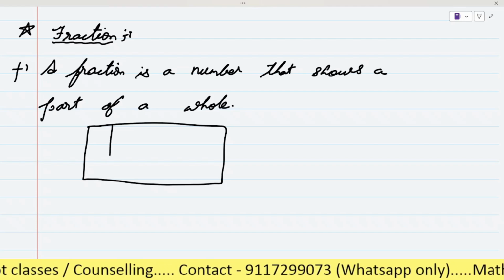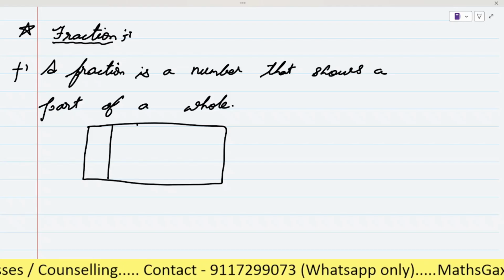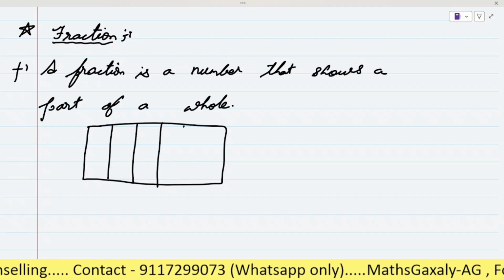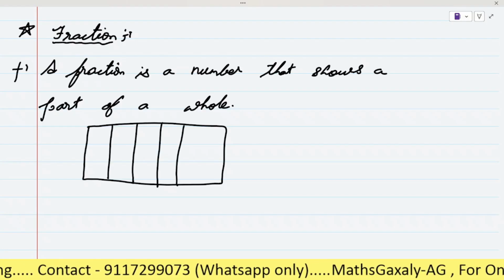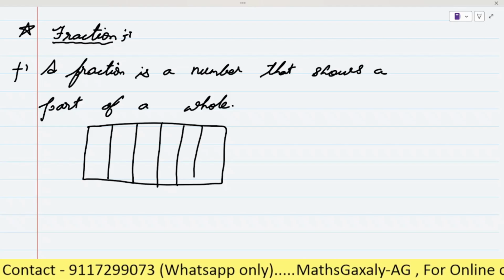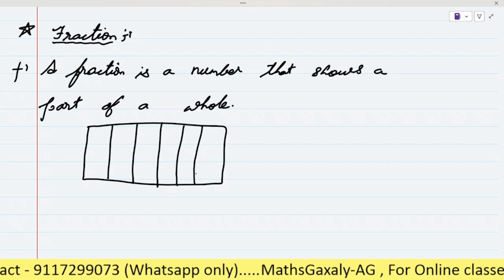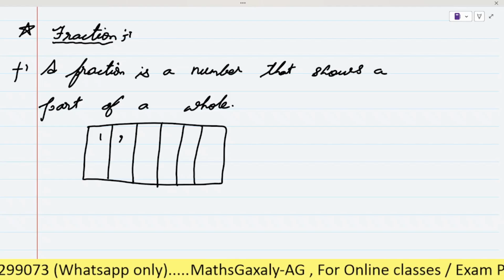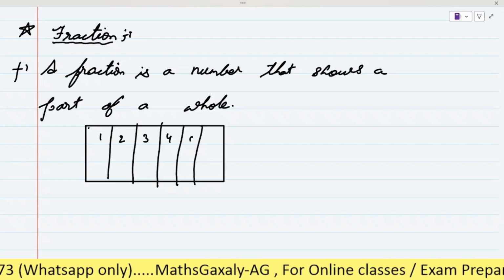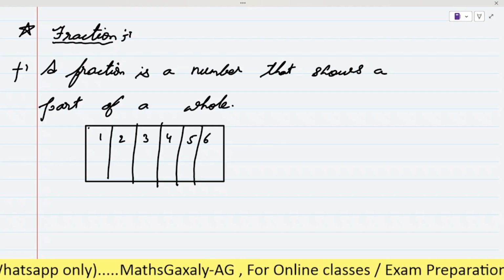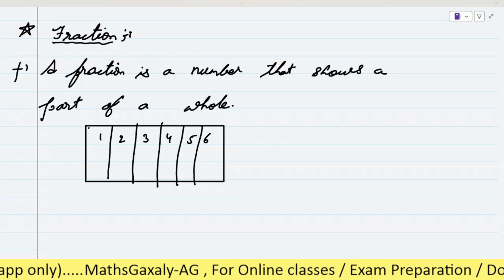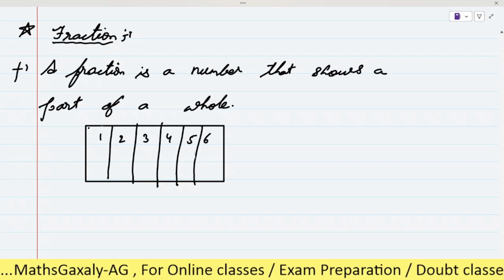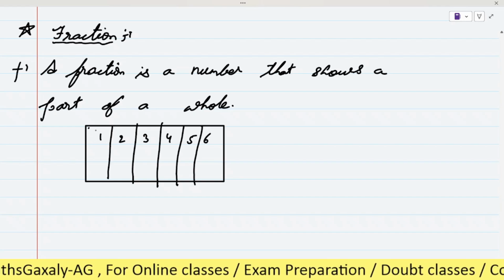When we divide it into parts, suppose we have divided this rectangle into 6 equal parts. I divided it into 6 equal parts, and among that I colored two parts.